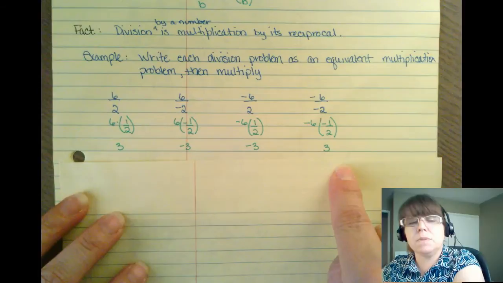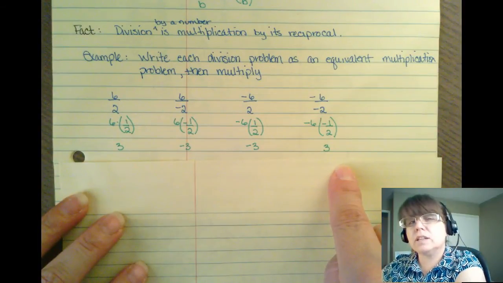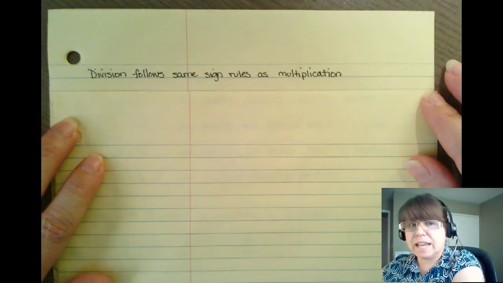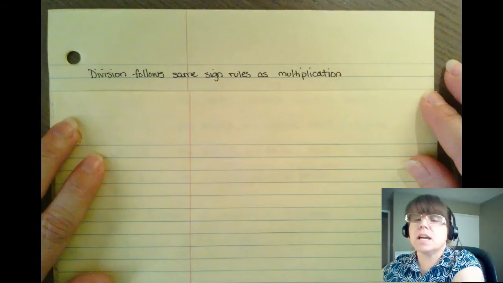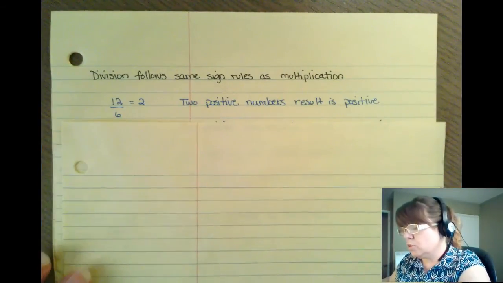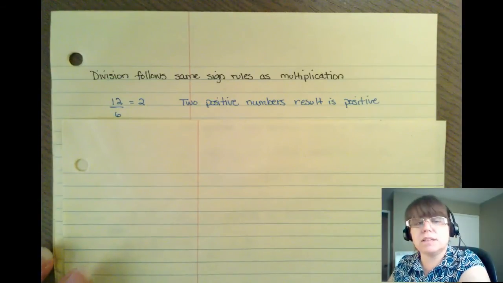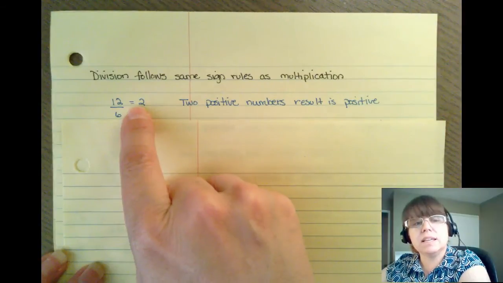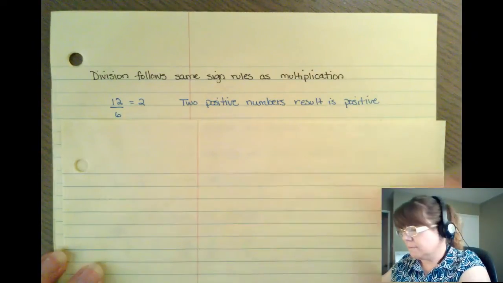Now keep those in mind. Don't they look pretty familiar? If you thought about it for a second, you may have noticed that division follows the same sign rules as multiplication. Two positive numbers will result in a positive: positive 12 divided by positive 6 equals positive 2.